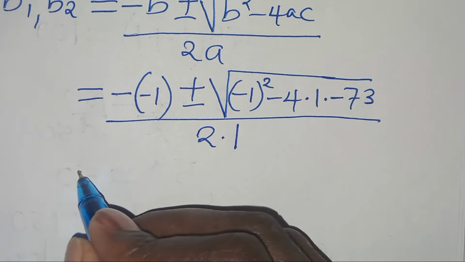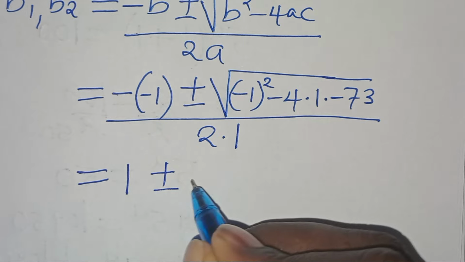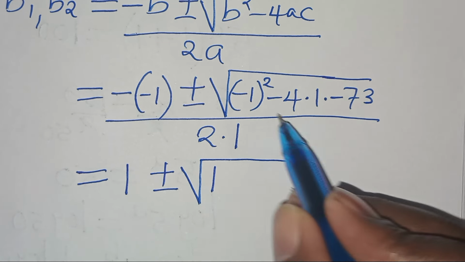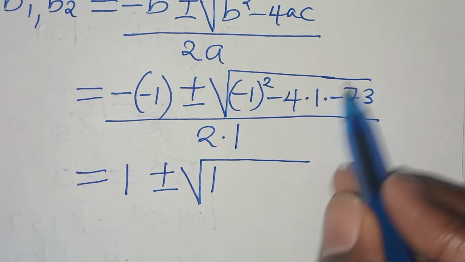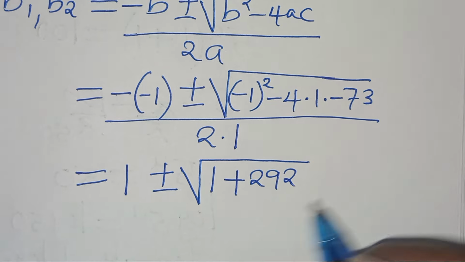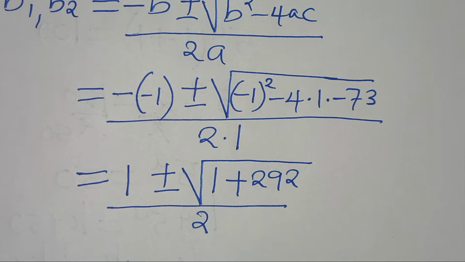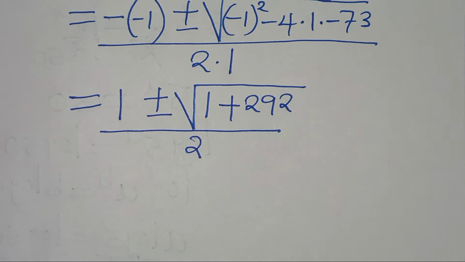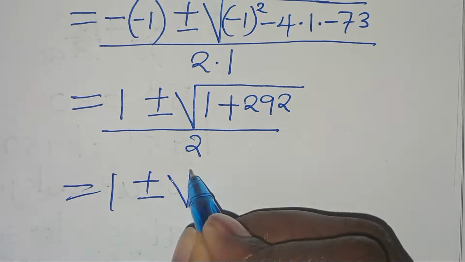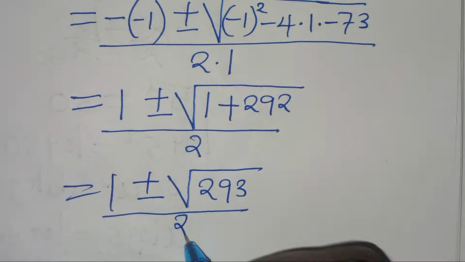And this implies that here we have minus times minus 1, this is 1, plus or minus the square root of minus 1 squared, this is 1, then minus 4 times minus 73, this is plus 292, everything here divided by 2. Now, this implies that we have 1 plus or minus the square root of 293, everything here divided by 2.